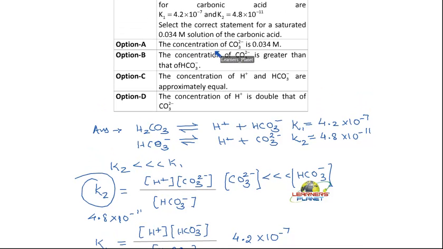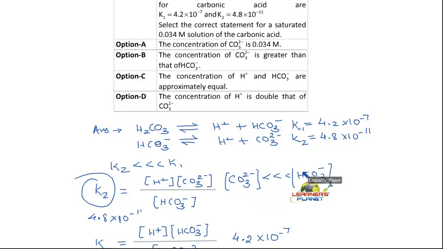Now let's read the options. Probably we'll get our answer. The concentration of CO3 2- ions in the solution is 0.034 molar. Is it? No, because the dissociation of HCO3- is very less, so the concentration of CO3 2- won't be 0.034 molar. The concentration of CO3 2- is greater than that of HCO3-. Is it?